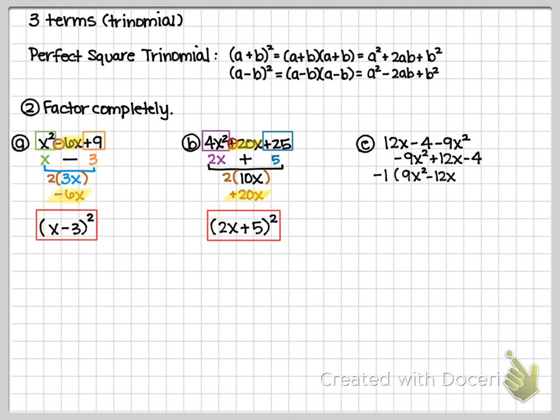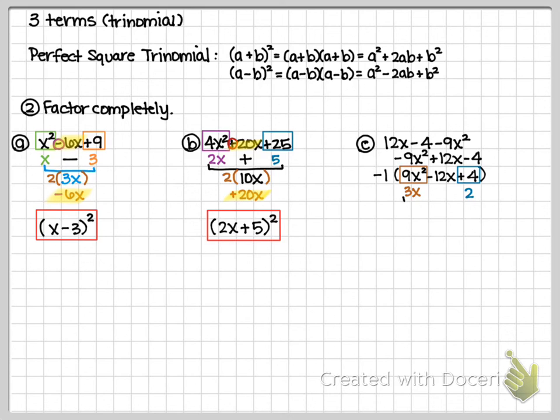Remember, by doing that, we flip all the signs. All right, let's test out our theory here. First one, I'm going to square root the 9x squared. That gives me a 3x. All right, let's go down on the list. Square root, remember this has to be a positive 4, which it is now. It wasn't previously until I took out that negative sign. I'll square root that, that's a 2.